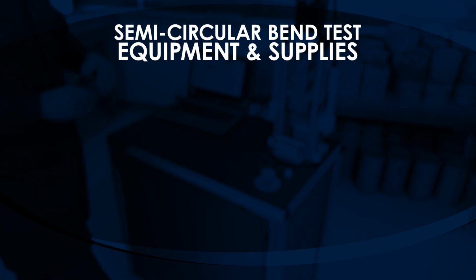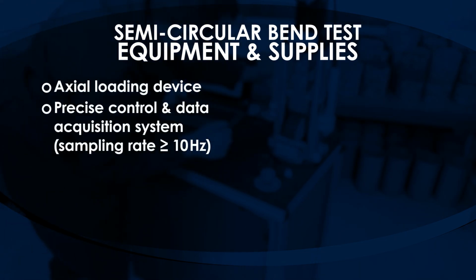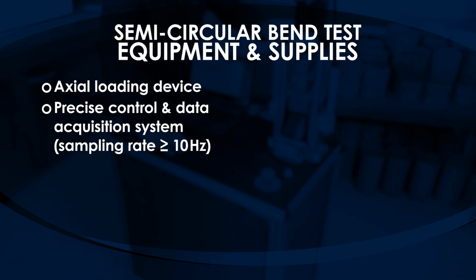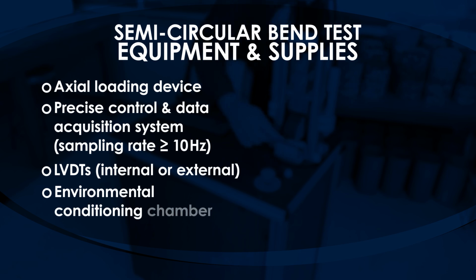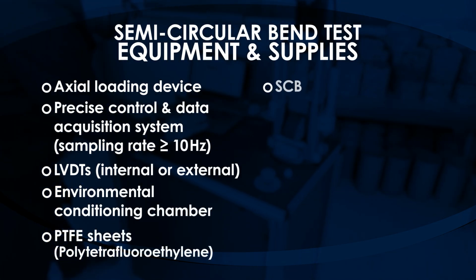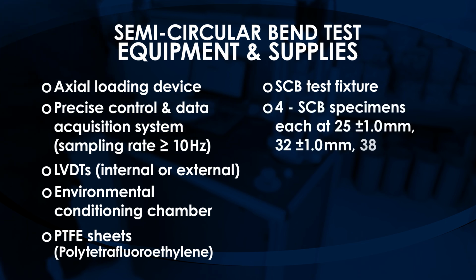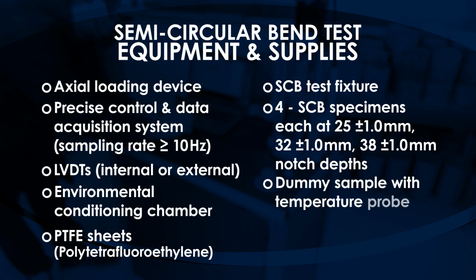Equipment and supplies for this test include axial loading device, precise control and data acquisition system with a sampling rate of 10 Hz or more, LVDTs, environmental conditioning chamber, PTFE sheets, SCB test fixture, 4 SCB test specimens at each notch depth of 25 mm, 32 mm, and 38 mm, dummy sample with temperature probe, masonry saw.